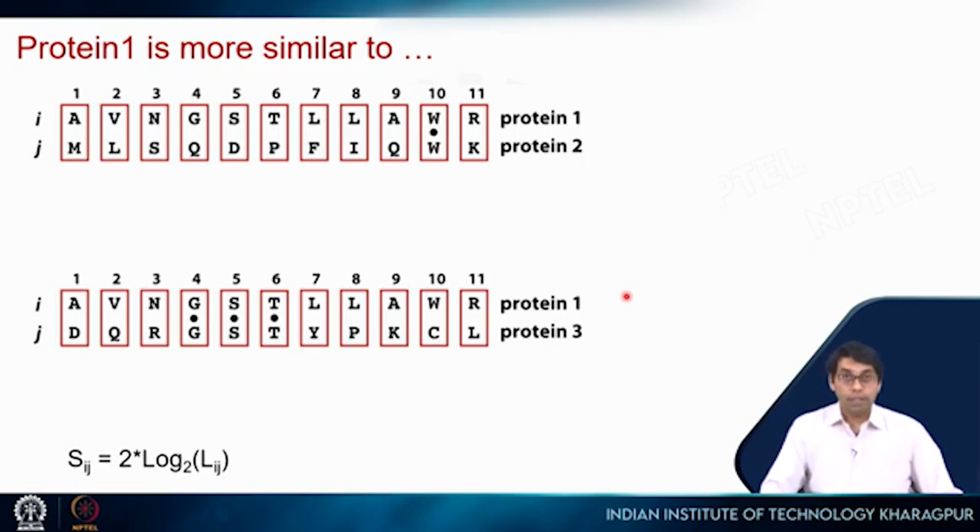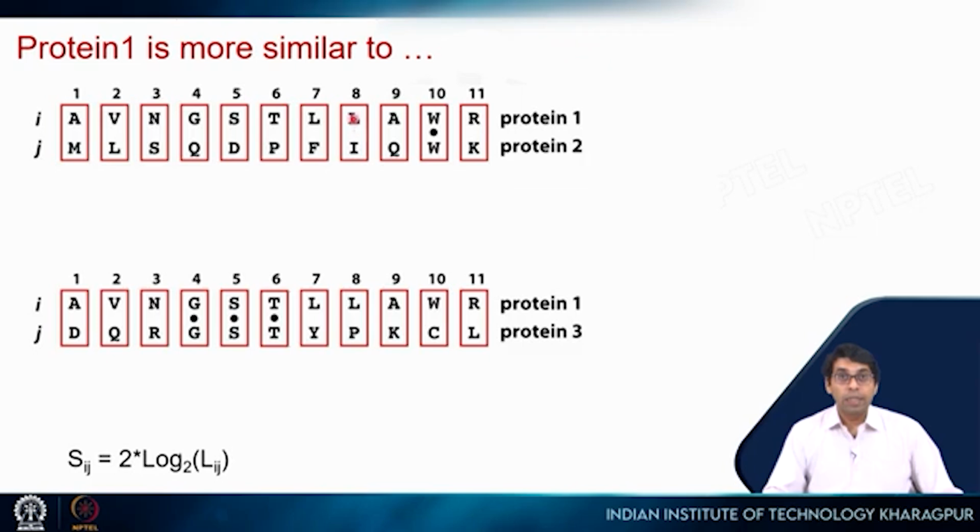But will that be correct? Because we also have to take into consideration something called similarity. If I look at this, asparagine and serine are both polar residues, but here asparagine is changed to an arginine, which is a charged residue. Arginine to lysine, both are positively charged. Arginine to leucine, so positively charged becomes a hydrophobic residue.